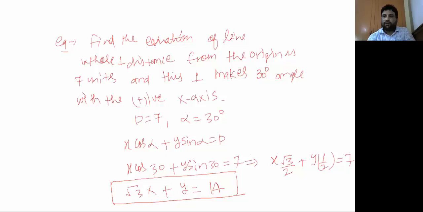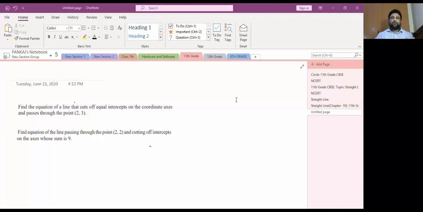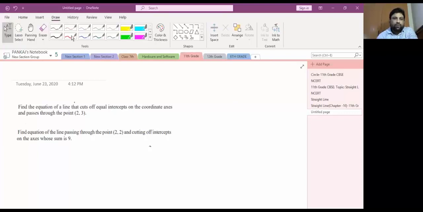I think everybody is understanding this concept. Please keep this in mind. We just discussed different forms of line. Now I want to discuss some extra questions that will be helpful for understanding the concept. The first question is: find the equation of a line that cuts off equal intercepts on the coordinate axes and passes through the point (2, 3).